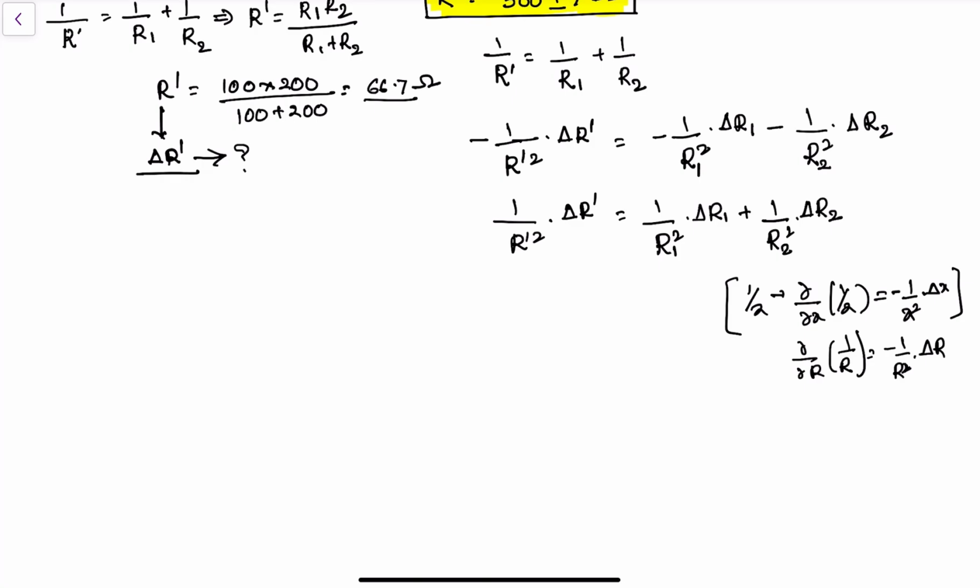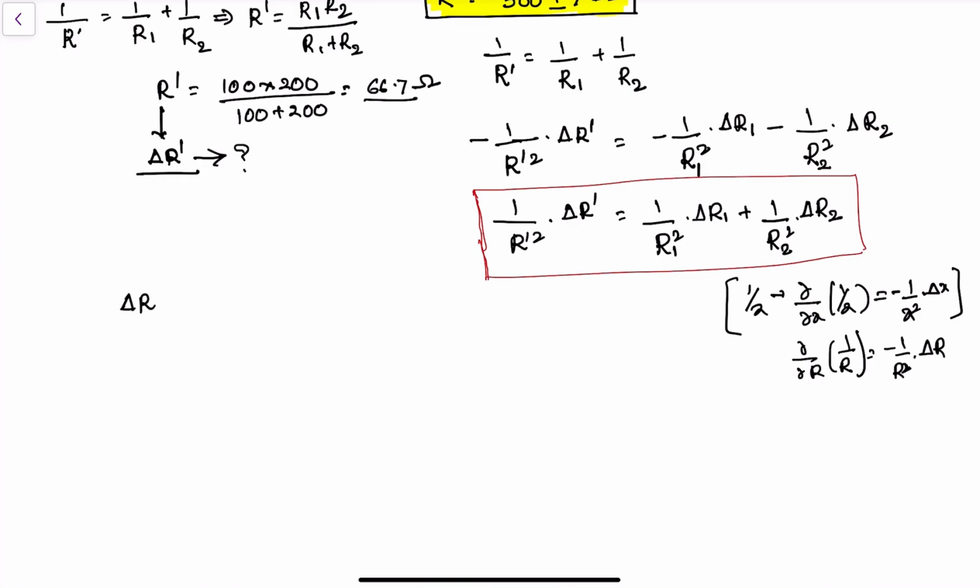Here let us substitute this one. Values to be substituted here. 1 by R dash square. We want delta R dash, right?